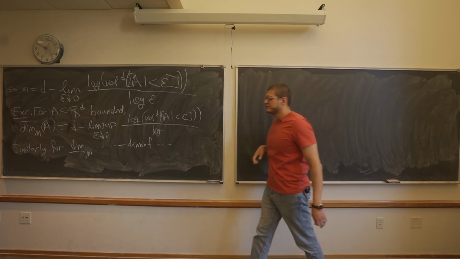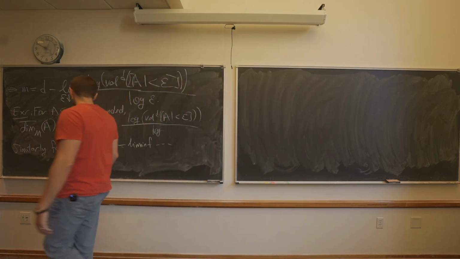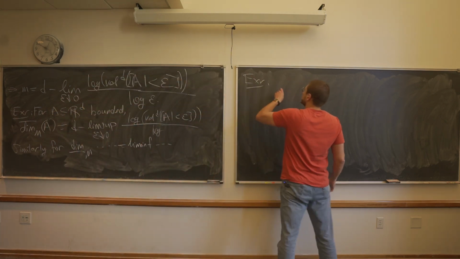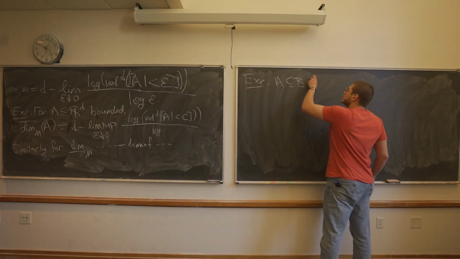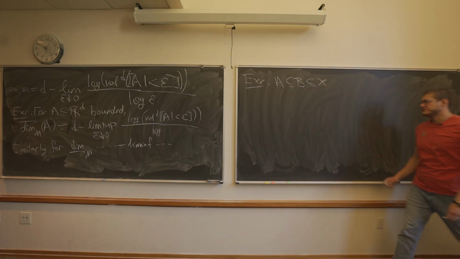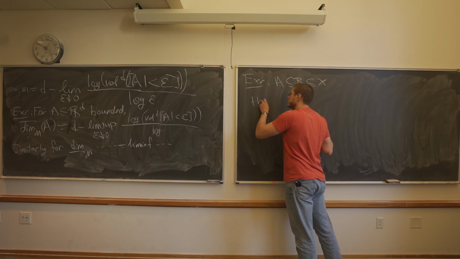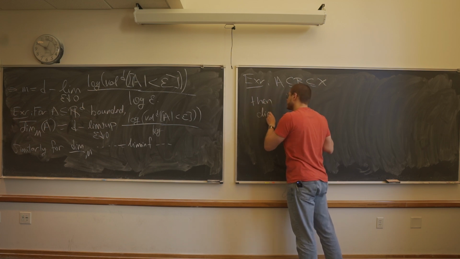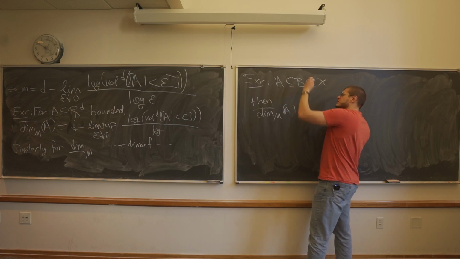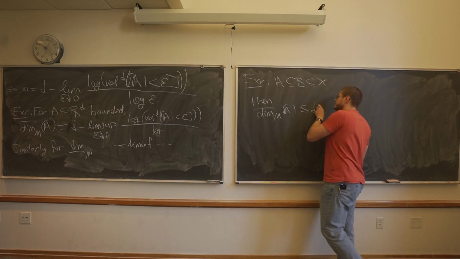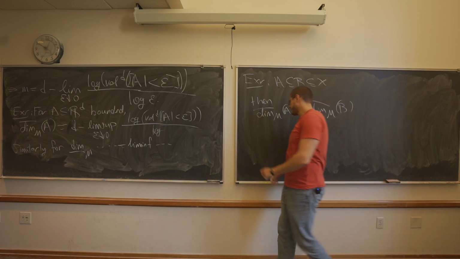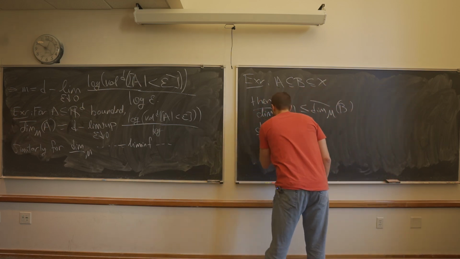So the way you remedy this is by realizing the following. If I have two subsets, one nested within the other, then the upper Minkowski dimension of the smaller one is not larger than the upper Minkowski dimension of the larger one, and likewise for lower Minkowski.